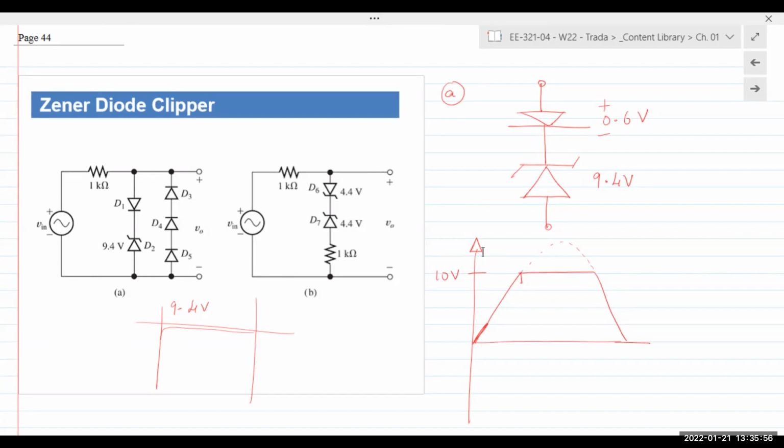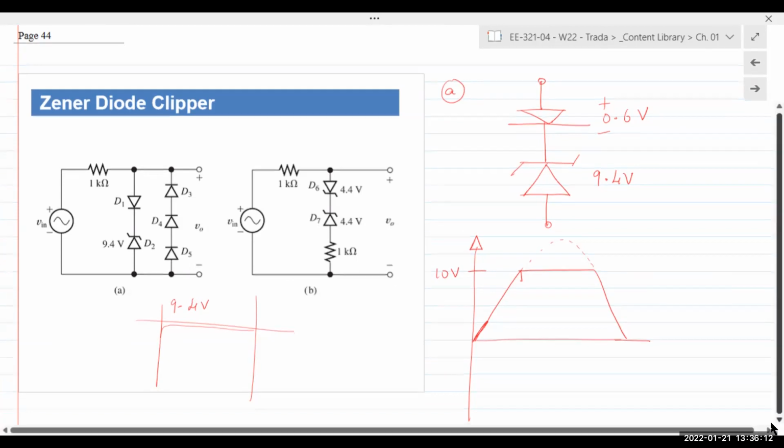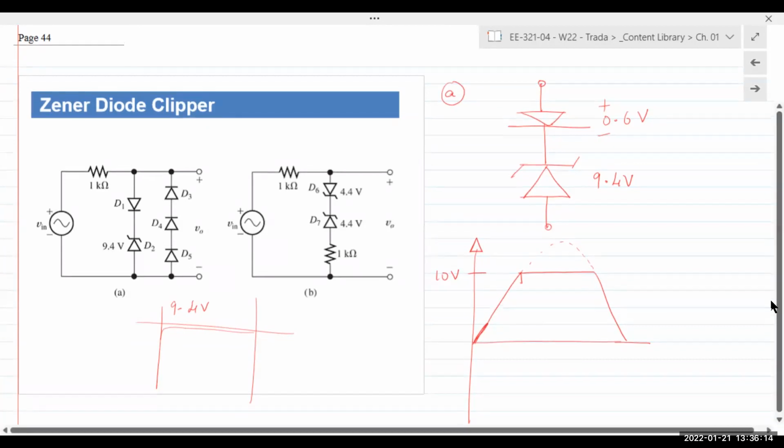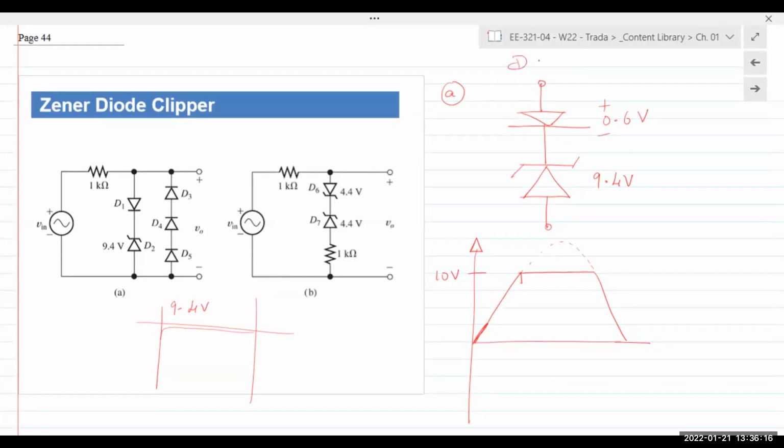Okay. So what happens in the other branch? Other branch right here. Yeah, so we have D3, D4, D5, and all of them are 0.6. So the normal diodes, I should have pointed out at the beginning, diode VD is 0.6 volts.